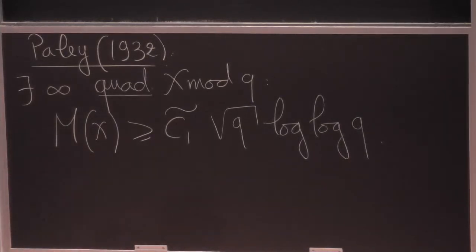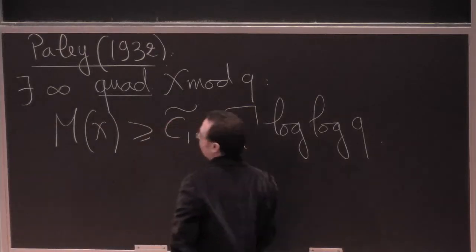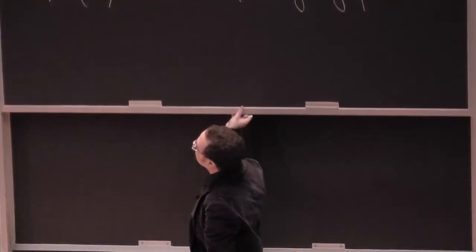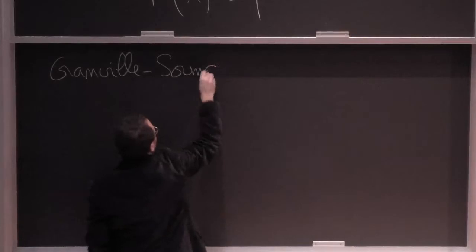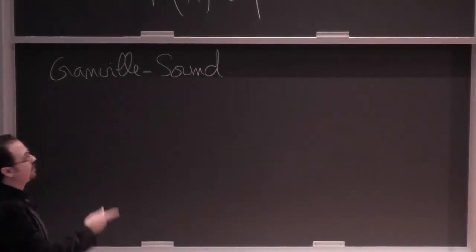Okay? And so you can ask, well, this is best possible, but what about the constant? So Granville and Soundararajan, a few years ago, in 2007, refined the Montgomery-Vaughan bounds.